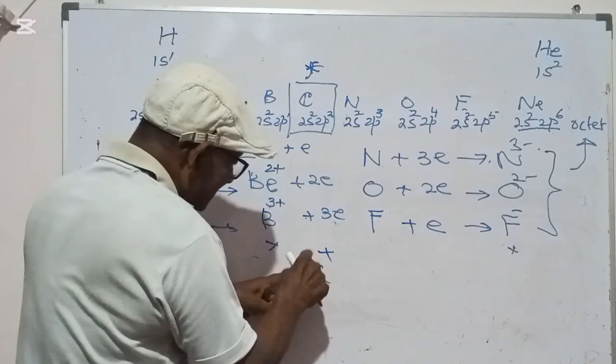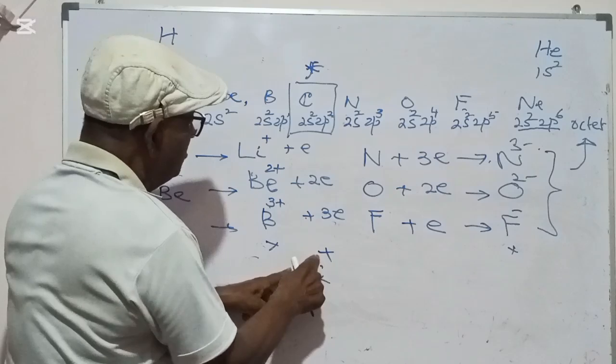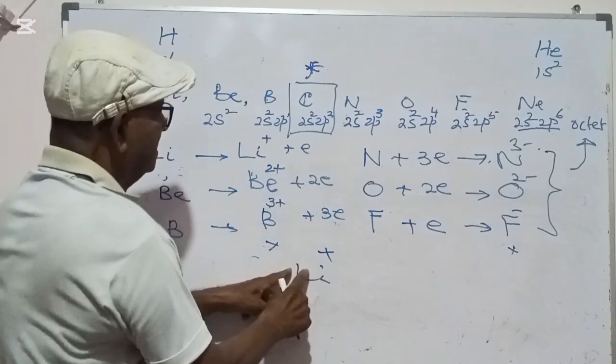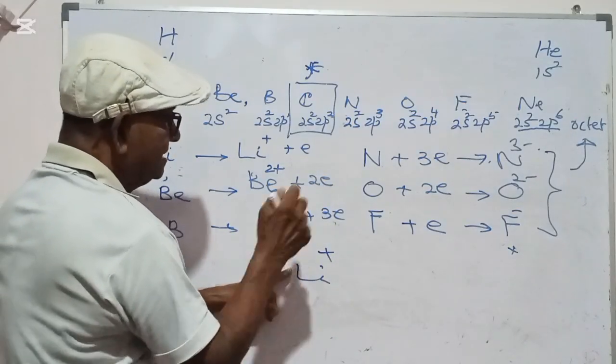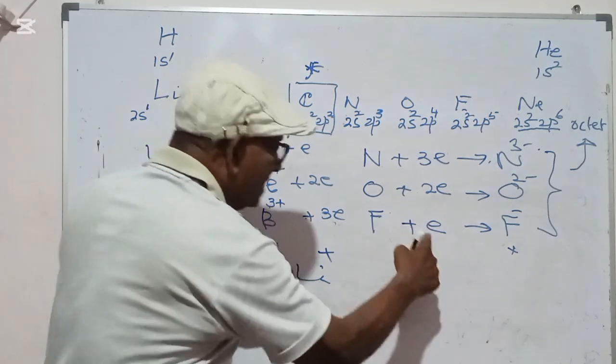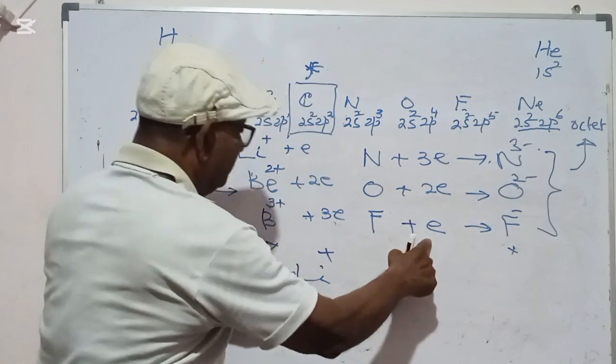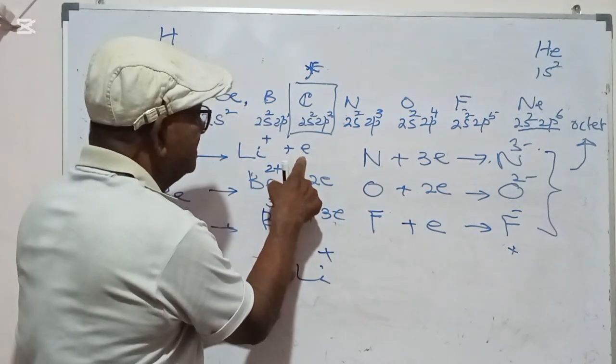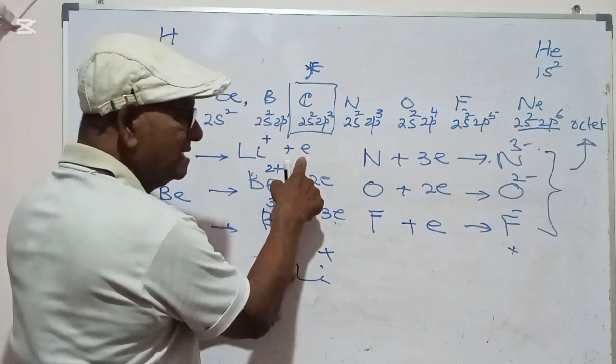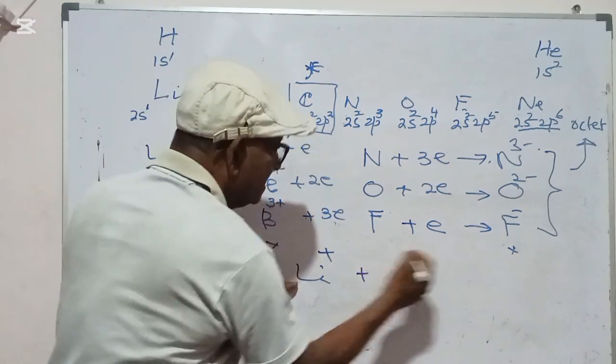When lithium gets one electron removed, it becomes a positive ion. Fluorine needs one electron. If fluorine gains that electron, it is easy, and it becomes F minus.